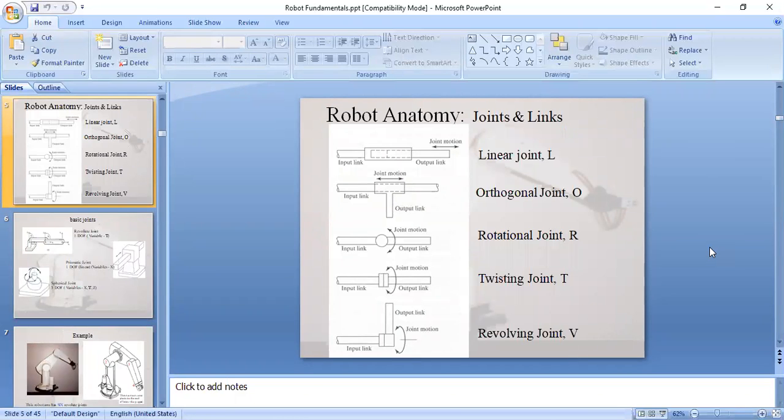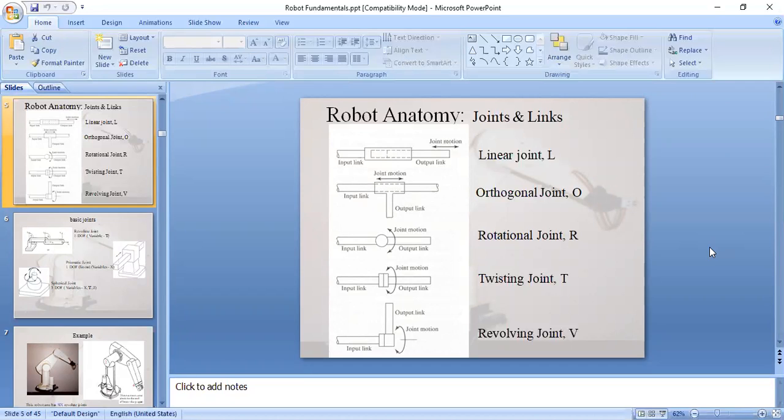These are some types of joints used in a robot arm or robot manipulator. Linear joint, that means linear motion is provided through this joint, input and output links move relative to each other. Orthogonal joint, perpendicular movement of two links. Rotational joint, relative rotational movement of two links.